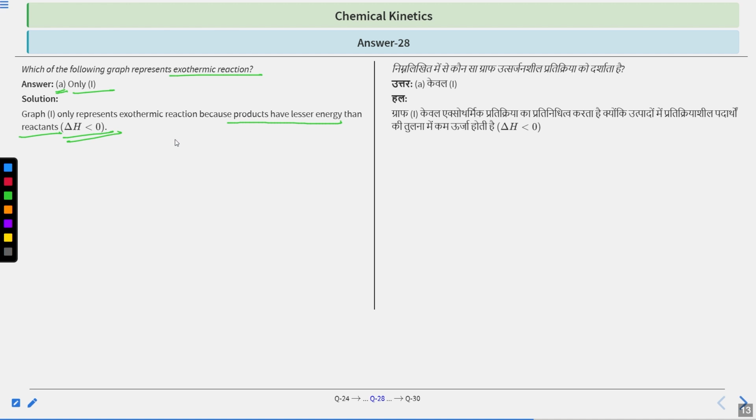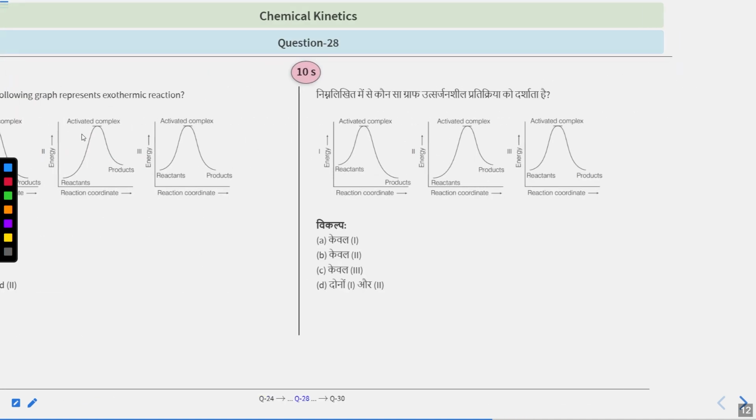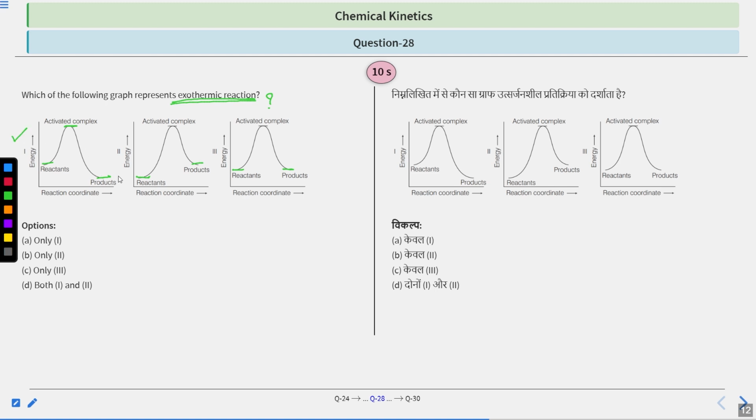So the product will have less energy. In an exothermic reaction, energy will be released, heat will be released, right? At the reactant side, energy is more. At the product side, energy is less, which you can see in the first graph: the energy of the product is here, so it is less than the energy of the reactant.